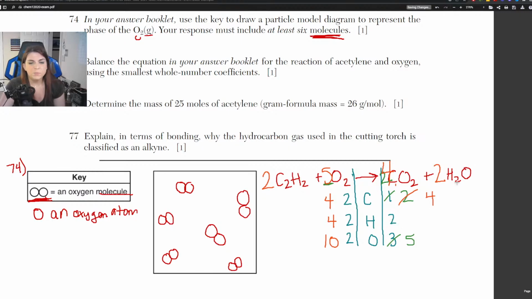The hydrogen is big 2 times little 2, giving me 4. And then oxygen here is 4 times 2, so 8 in the carbon dioxide, and 2 times the imaginary 1 in water, giving me 2. 8 plus the 2 is 10. So there you have that. It would be 2, 5, 4, 2 as the coefficients.